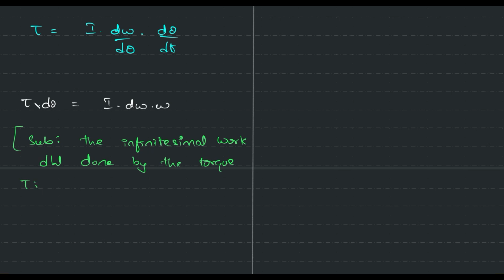So this represents that you have a torque working and you have some bit of angle, an object rotating by some amount of angle. So we have done some small work. Basically I'm going to substitute tau d theta by d capital W. So d capital W is equal to I omega d omega.